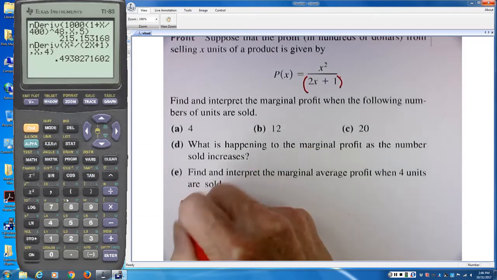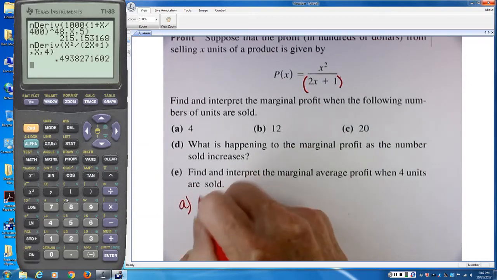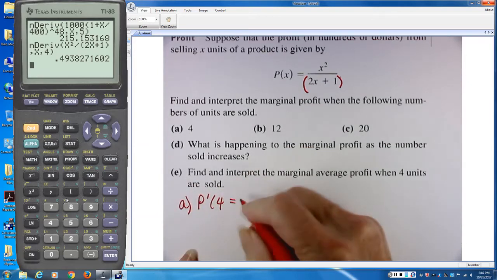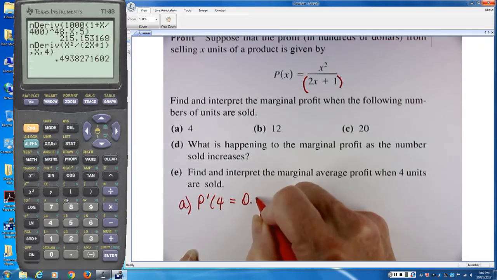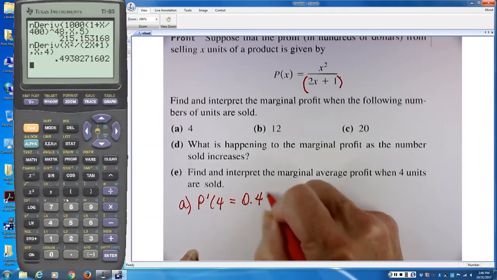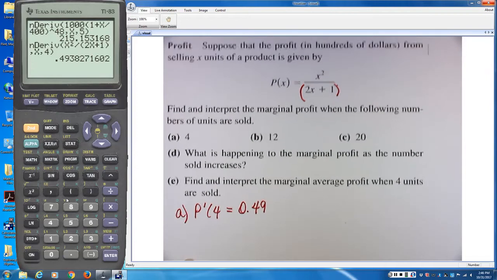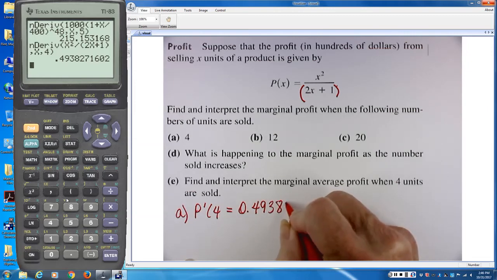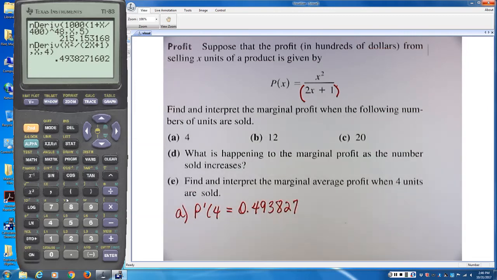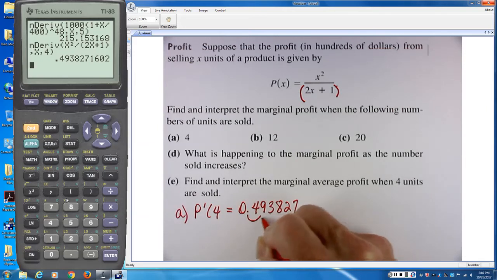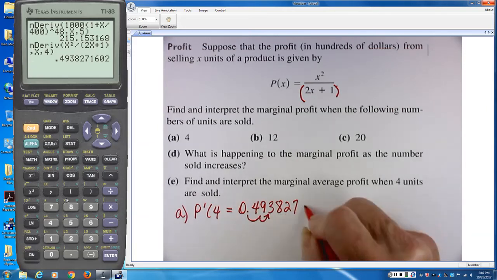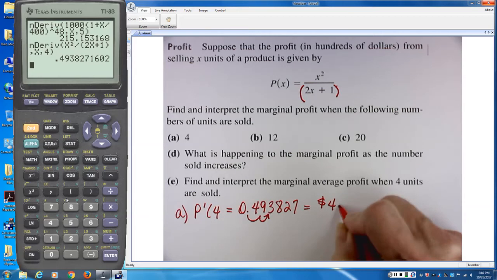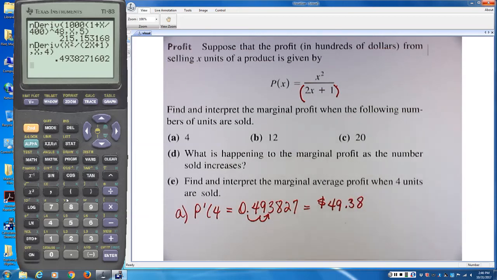So the answer to A, P prime of 4 is 0.4938, and it says the profit is in hundreds of dollars, so when I'm doing profit in hundreds of dollars, to 2 decimals, that means $49.38.